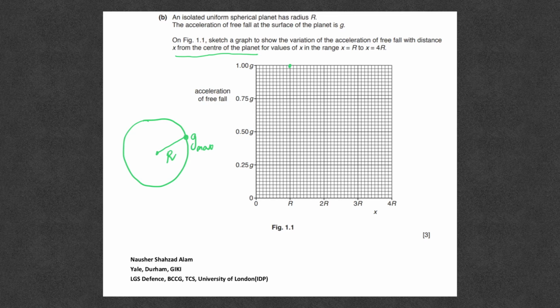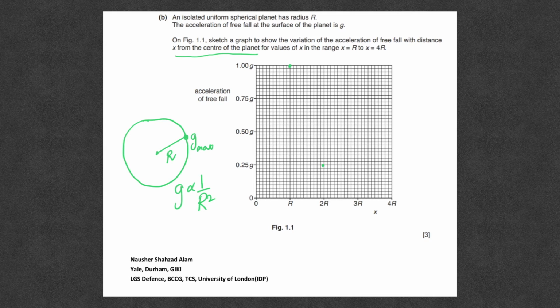Then I told you that gravitational field strength is inversely proportional to r squared, inverse square law. So if the distance doubles, that means that your gravitational field strength decreases by 1/4. So you divide 1 by 4, and I'm guessing you get 0.25.